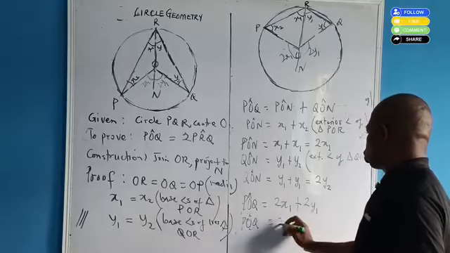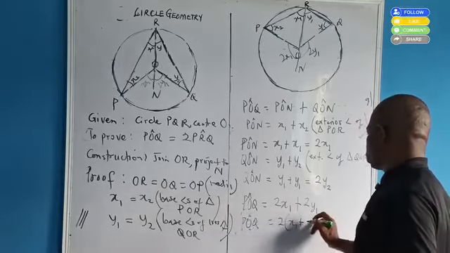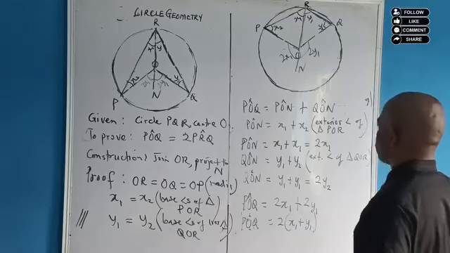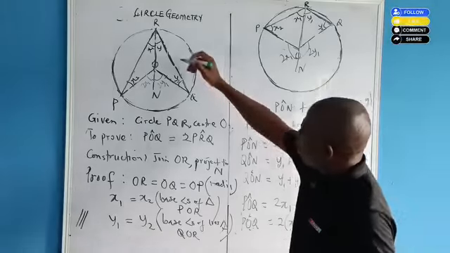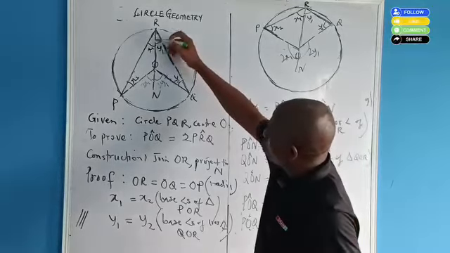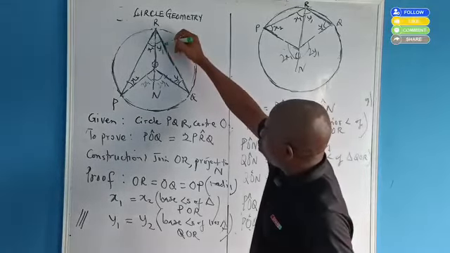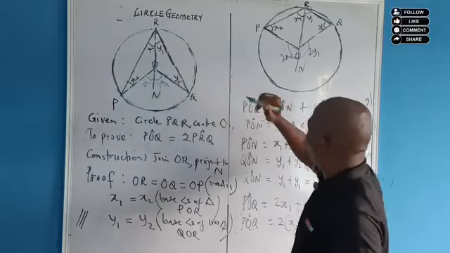So POQ, when we factorize these two, 2 is common, we have 2 times x1 plus y1. Now, looking at the diagrams, x1 plus y1 make up the angle PRQ.